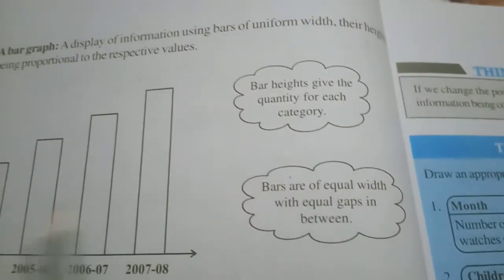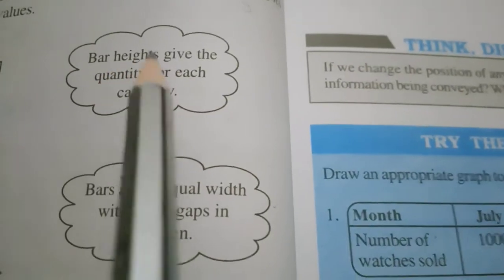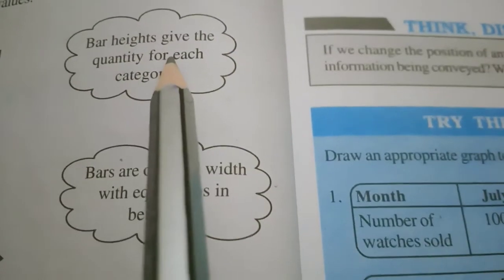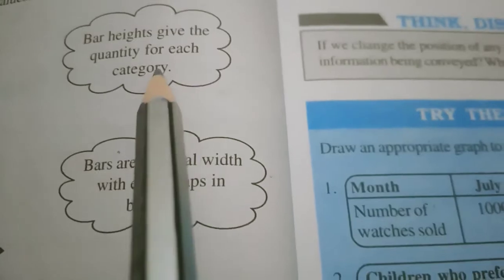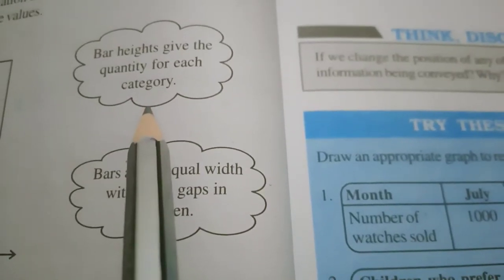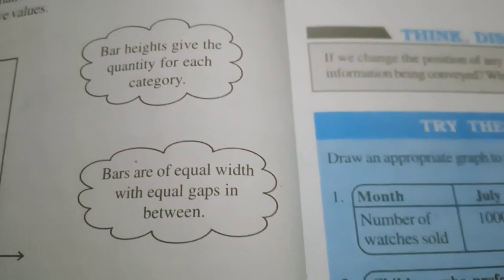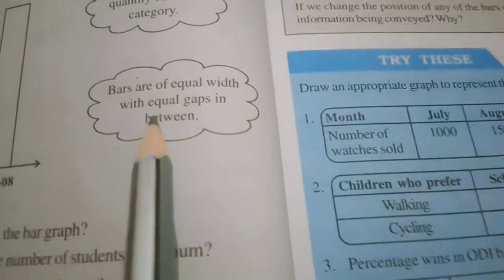Now see the first thing. Before observing this bar graph, I am giving you some information. Bar heights give the quantity for each category. Whatever the category is, it is represented by the height.